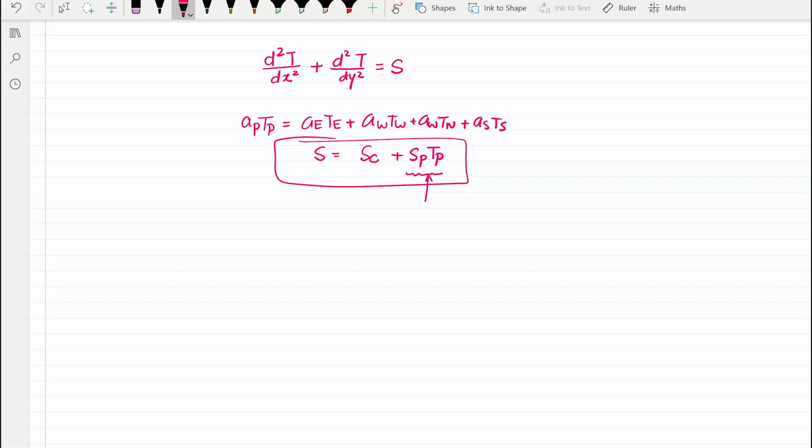And if we write the source term in this particular fashion, the new AP term, let us call it AP star, becomes simply previous AP minus SP. So you can imagine that if we have a source term sitting here, this SP times TP, it would go on the other side and it would appear as a negative of SP.